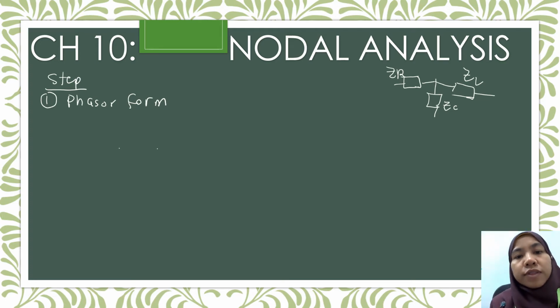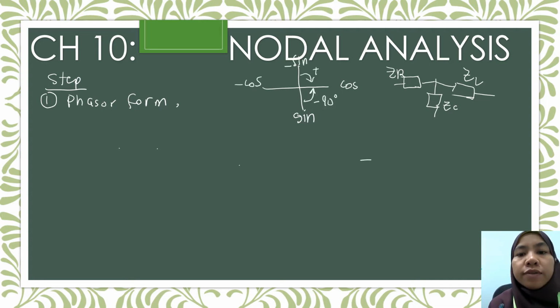If you have sources in sine wave form, you can convert it to cosine. If you have a negative sign, then you can add 90 degrees. If you have a sine, then you can subtract 90 degrees to convert it to cosine.